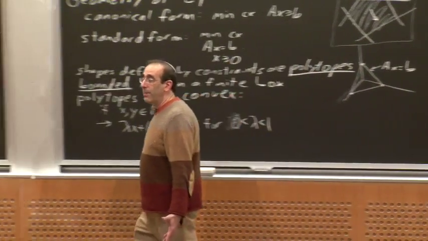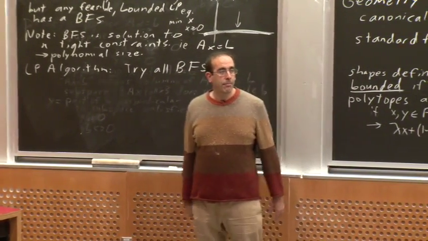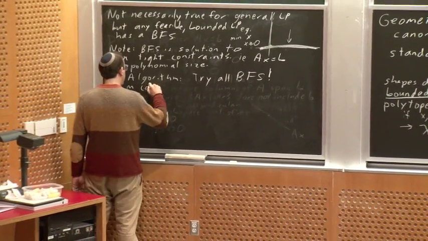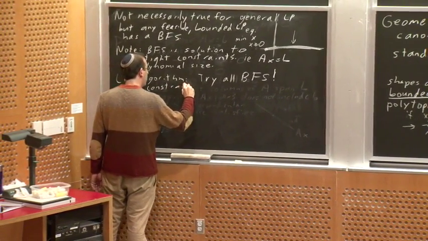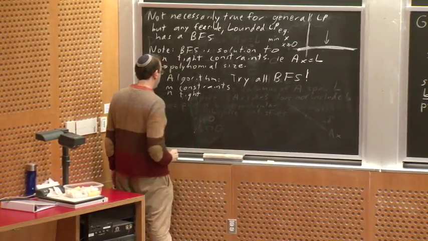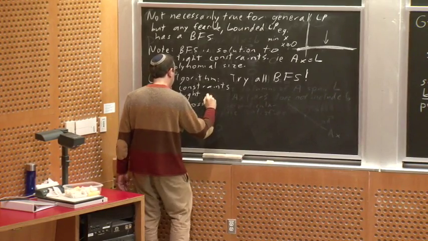Because there's a finite number of basic feasible solutions. How many can there be? Right. So we have m constraints. We can guess which n of them are tight, right? And so there are m choose n possibilities.